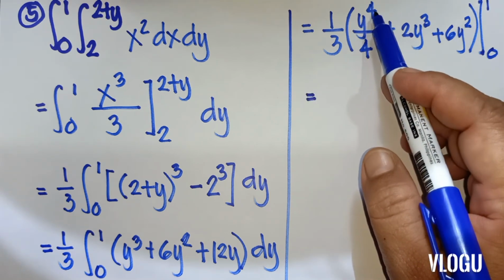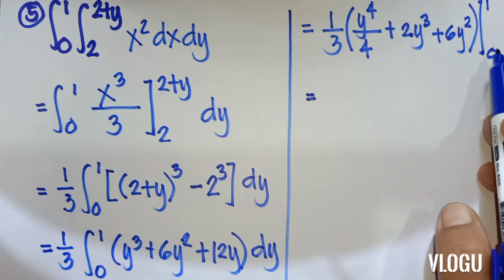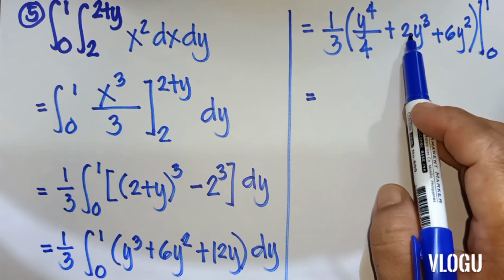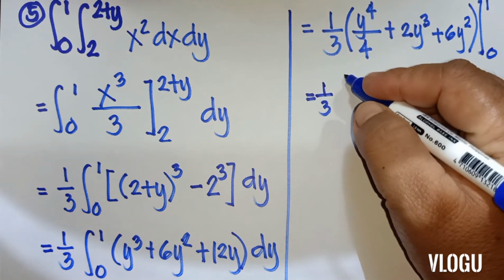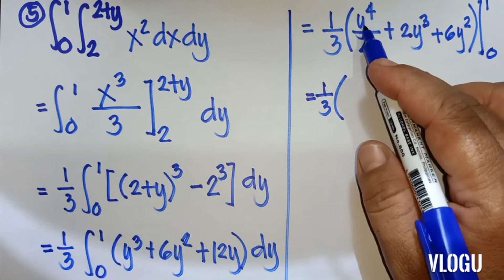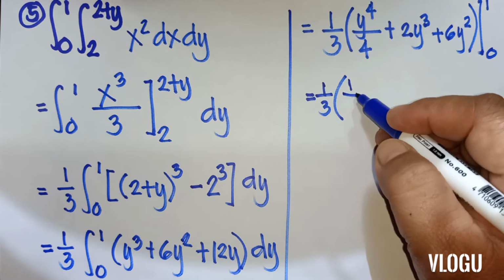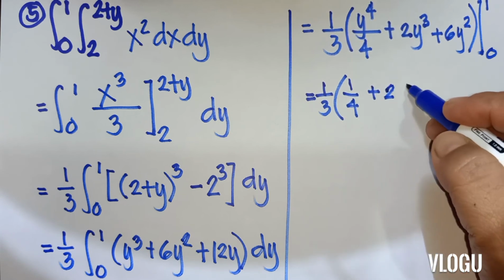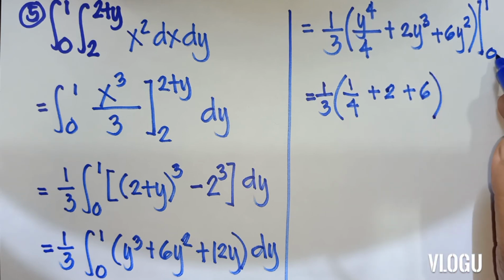This one, y to the 4th over 4, is 1/4, evaluated from 1, because 0 is the lower limit. So 1/3 times 1/4 plus 2 plus 6, because this is 0, so minus 0.